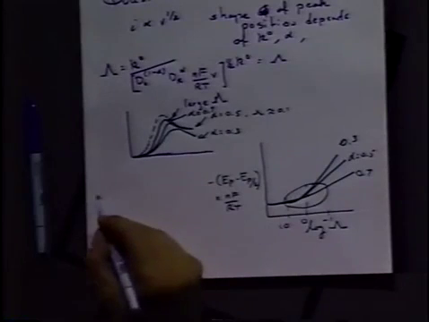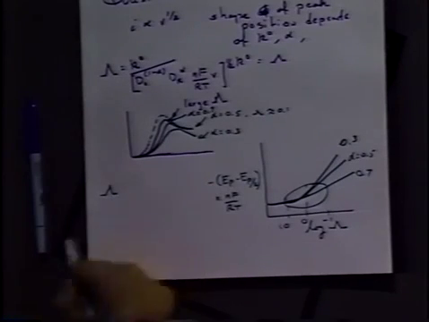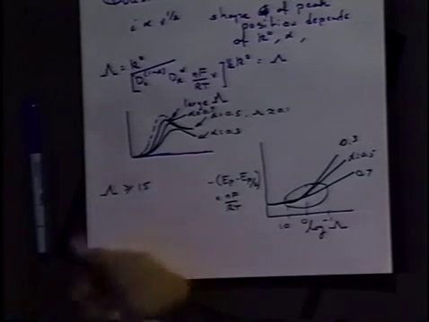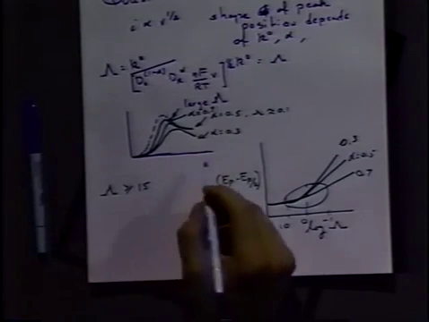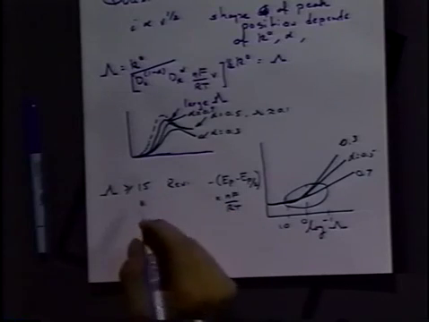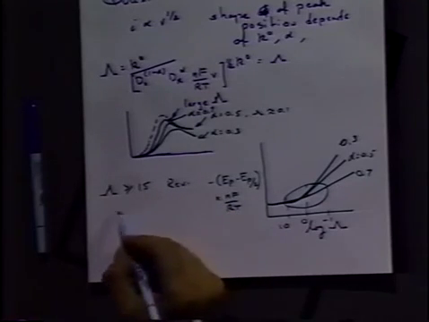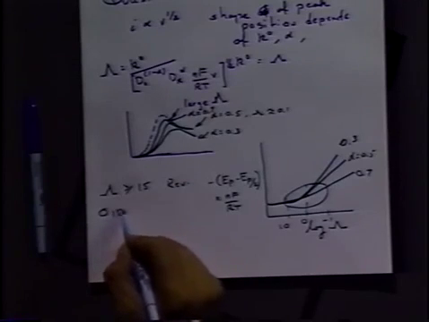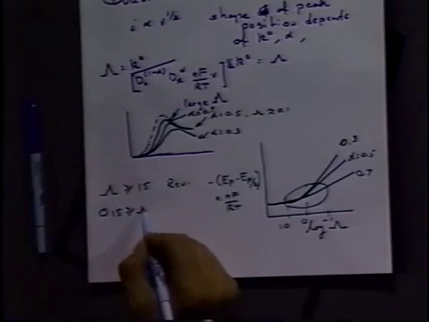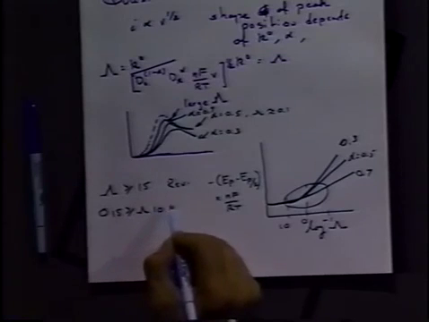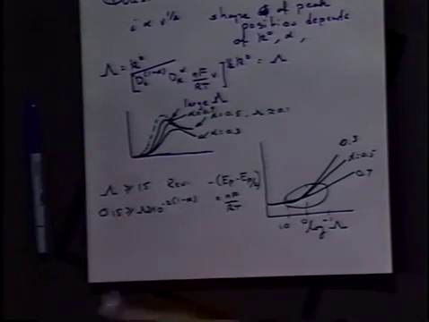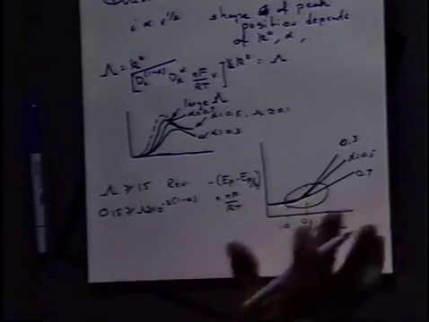What's the difference between the reversible and quasi-reversible? Some general rules. If lambda is greater than 15, that's a reversible situation. Quasi-reversible would be lambda between 15 and 10 to the minus 2 times 1 plus alpha.